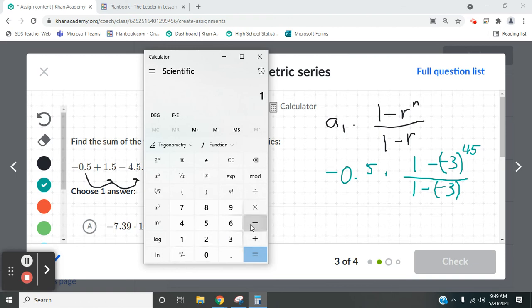I don't remember that number. To the 45th, divided by 4, times negative 0.5. That number.